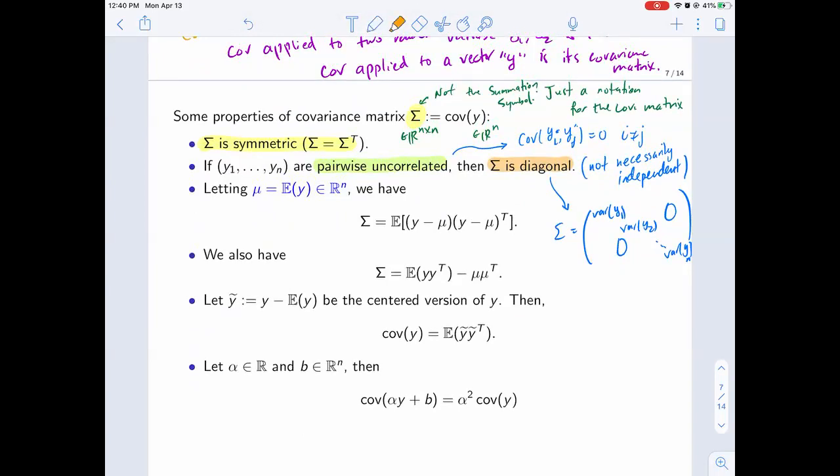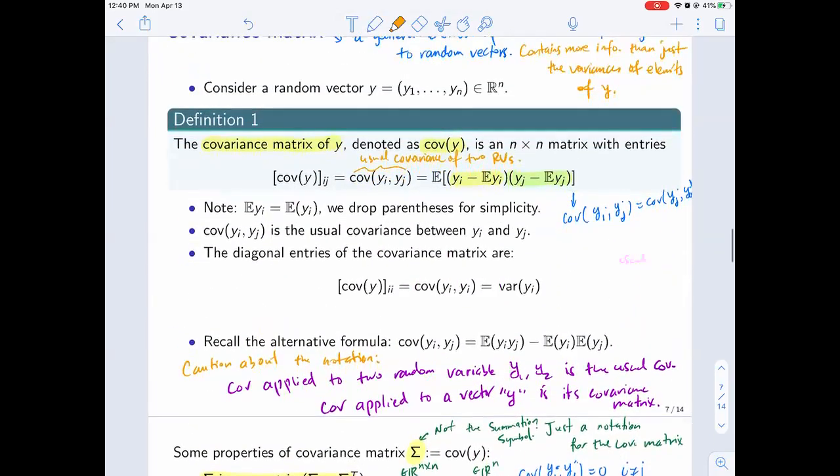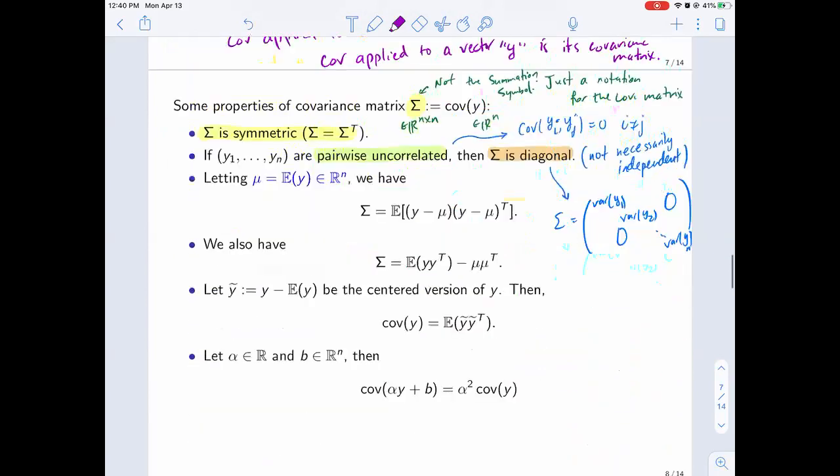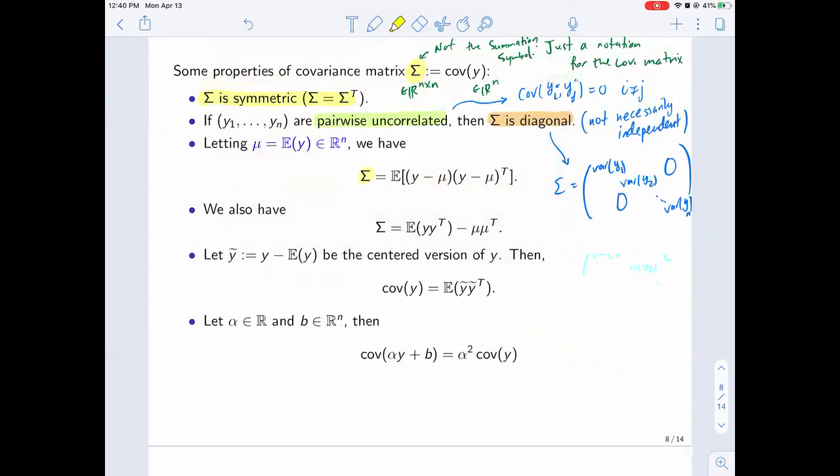The next idea is that I can write sigma in a nice matrix-vector form. Using this formula for the covariance of two random variables, I can extend it to the vector case. So sigma, which is the covariance of y, is equal to this expression. Mu is the mean of y.